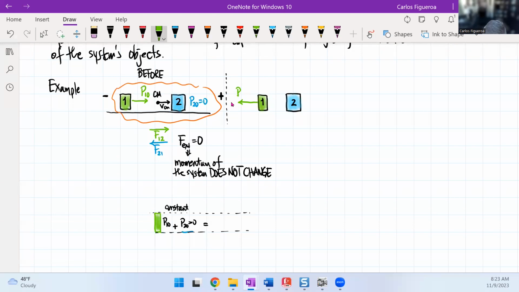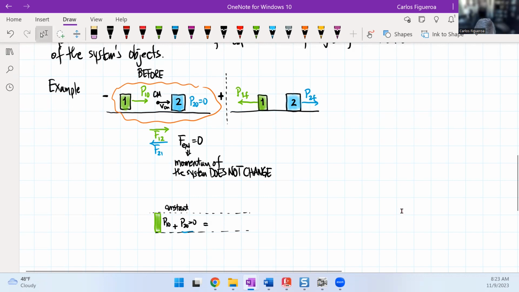I should have put, let's say, P2 final, and then I'll write, ooh, I wrote that wrong again. P2 final, and I should have written this as P1. So these guys have to adjust themselves to keep total momentum constant or the center of mass fixed.